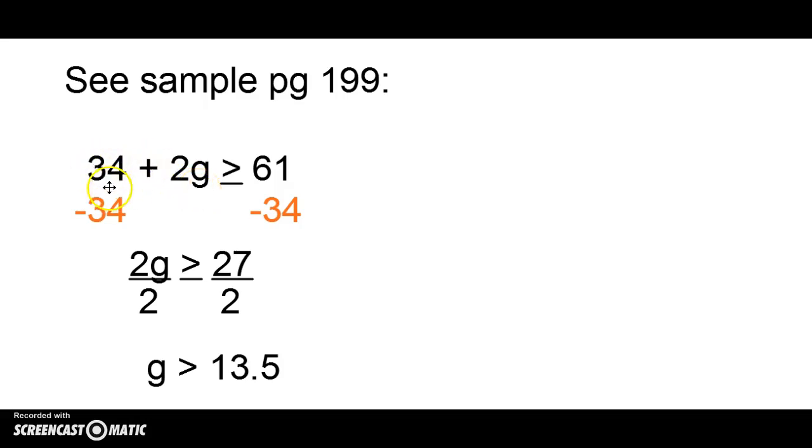So you hear the constant and you hear the variable, how many per game. Write and solve an inequality to find how many more games he needs to have at least 61 hits. You would set it up like this and then go ahead and solve like we've been doing. And I think the harder part there is setting it up.